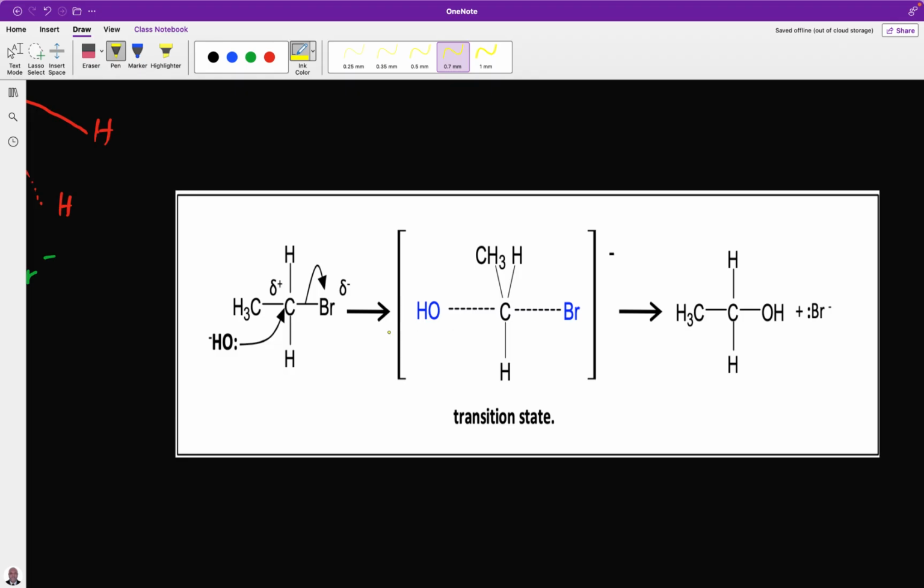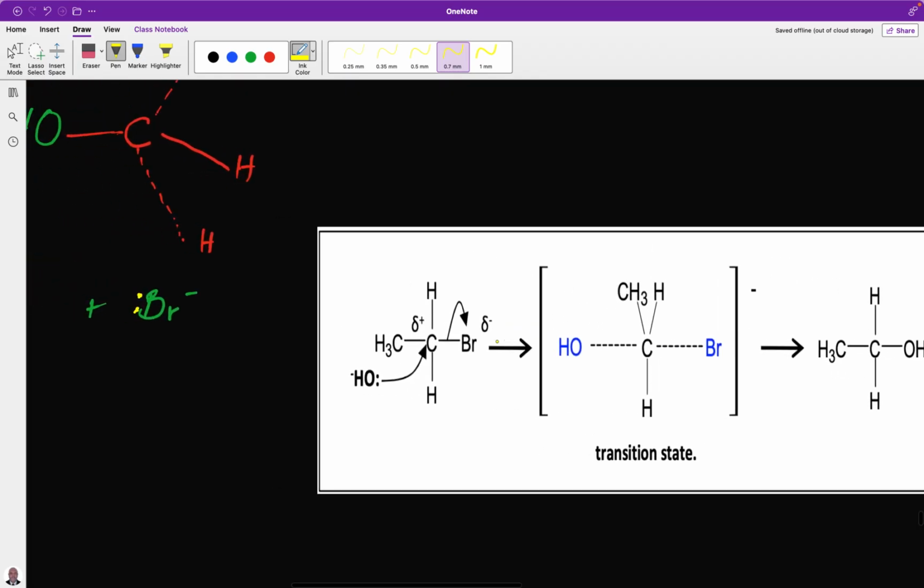So learners, try to understand this. It's a single step and has a transition state. And remember, there is no carbocation formation in this SN2 mechanism that we are treating here.